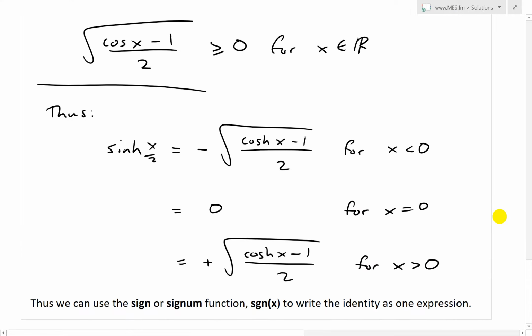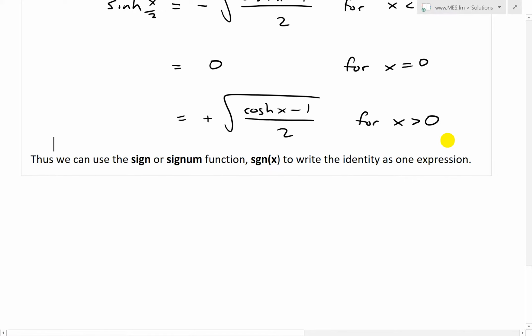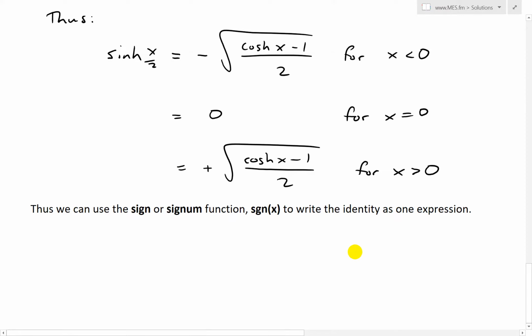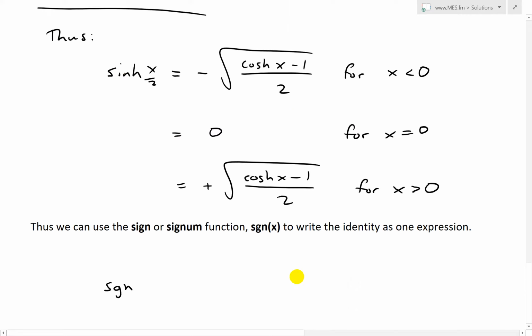So instead of using this big giant identity, what we can do is use the sign or signum function, written as sgn of x, and write this whole identity as one expression. This signum function is by definition defined exactly how this looks above, and it's to account for this minus, 0 and plus right there.